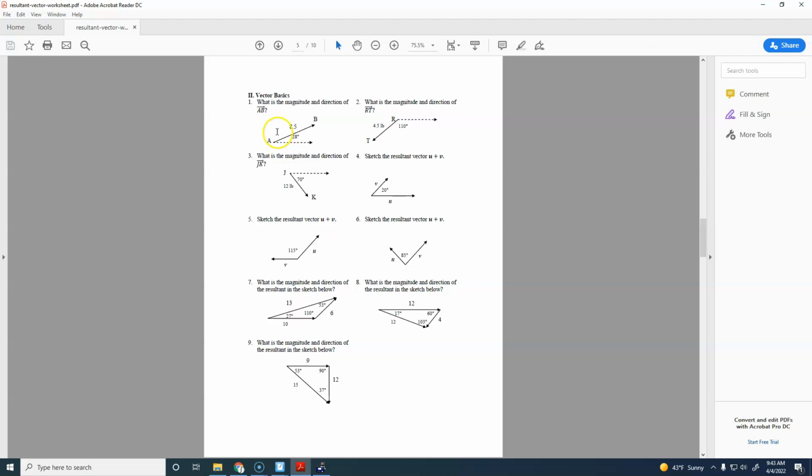All right, so I do want you to do 1 through 6. Number 6 just wants a sketch of the resultant vector. So you could just make your dotted lines to make your parallelogram and draw your resultant vector. You don't have to actually calculate anything there.